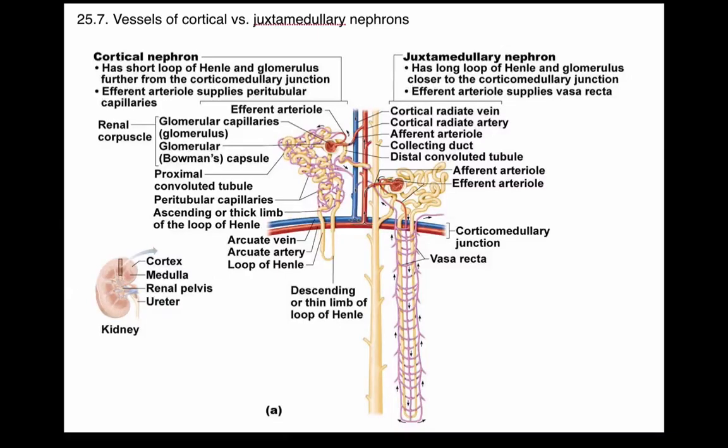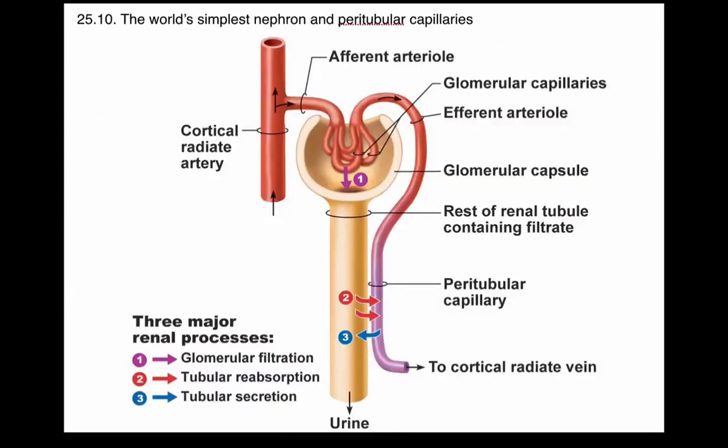Now, just to go back, if we could divide up the functions that happen in the nephron, I like this cartoon here of the world's simplest nephron. So a given cortical radiate artery gives rise to the afferent arteriole, which then goes around the glomerulus. And then the efferent arteriole is going to go to some kind of peritubular capillary.